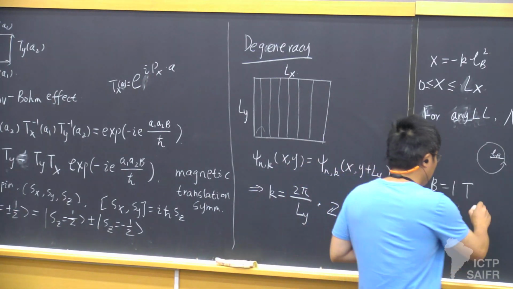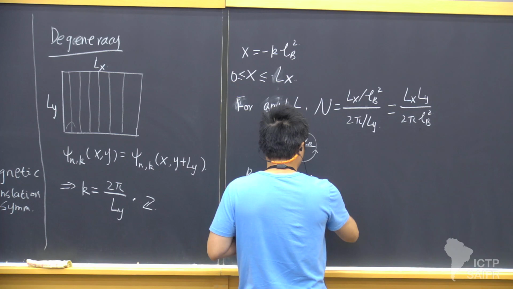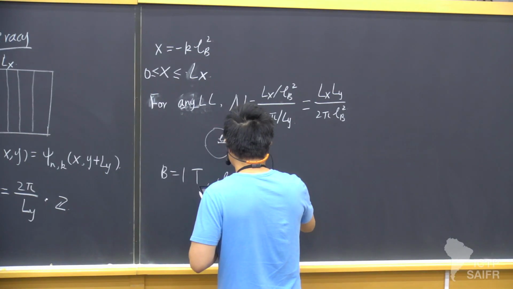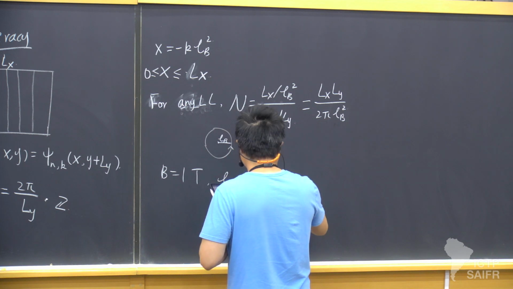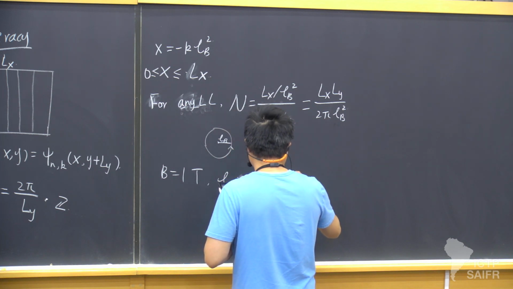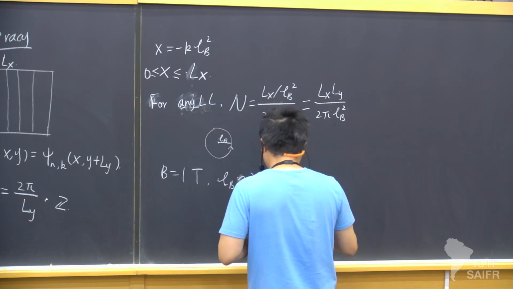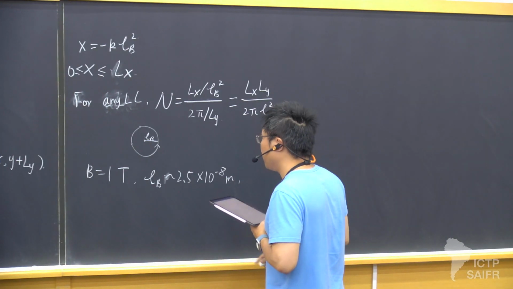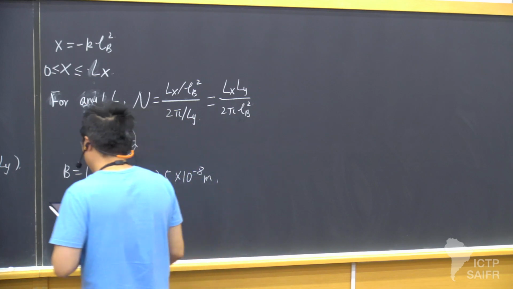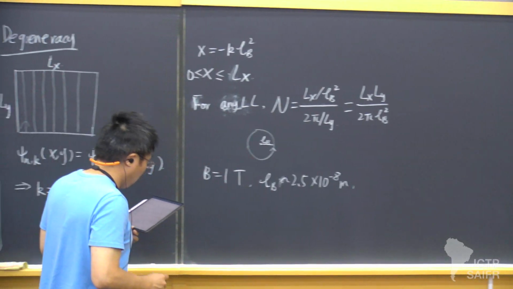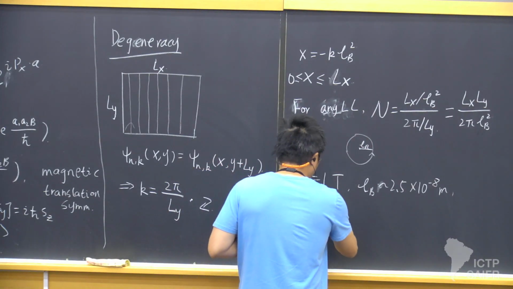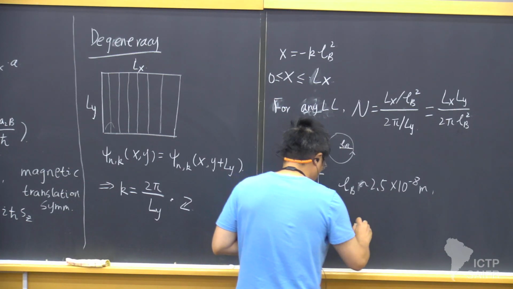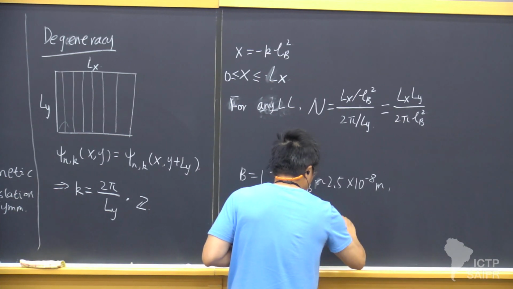Then this magnetic length will be around 2.5 times 10 to the minus 8 meters, and the typical sample for people to realize quantum Hall systems will have Lx, Ly of 1 micrometer.